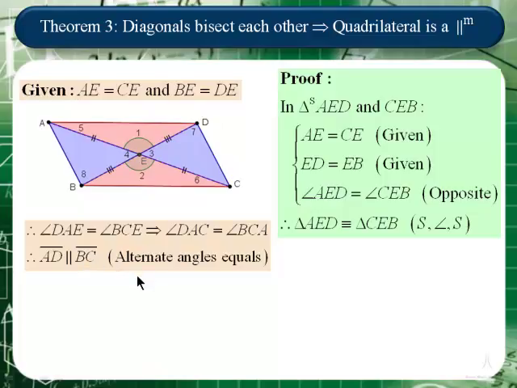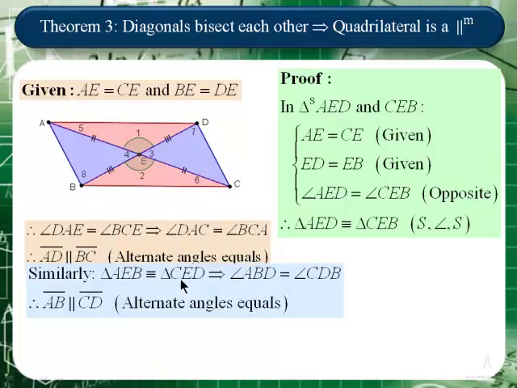In a similar way, by comparing the two blue triangles, we can show that line segment AB is parallel to line segment DC. So let's just look at this pretty quickly. We can show that the two blue triangles are congruent. Let's see why. We know that AE is the same as CE, and we know that BE is the same as DE, and angles 3 and 4 are vertically opposite.